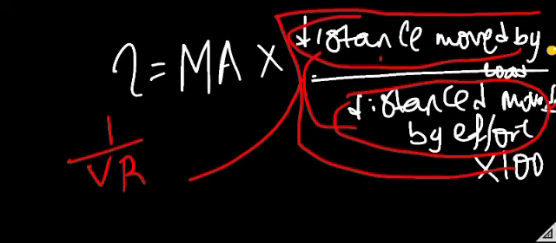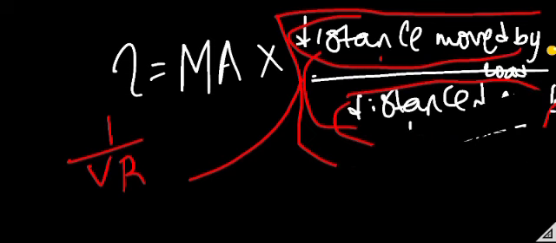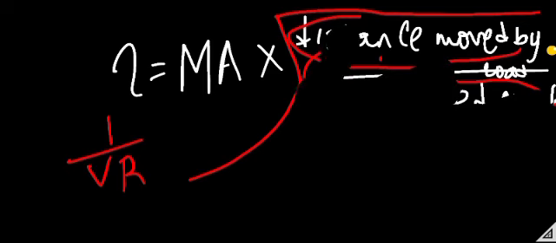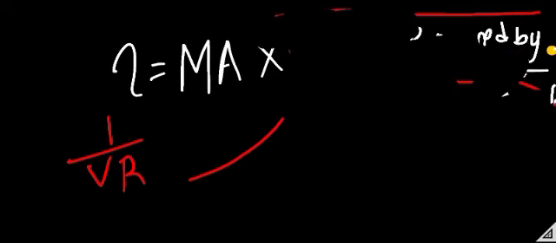Because when we turn it upside down, it becomes velocity ratio. Hope you get this clearly. And if you don't get it, no problem. You can comment in the section below, and I will also do a video and explain it so that it will be clearer.